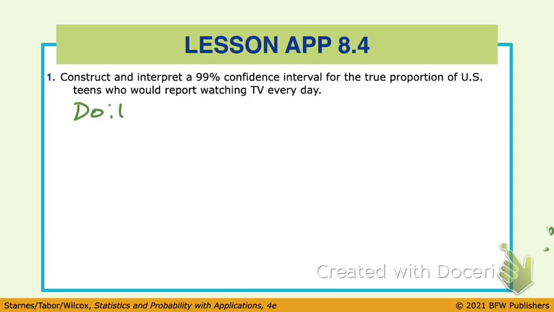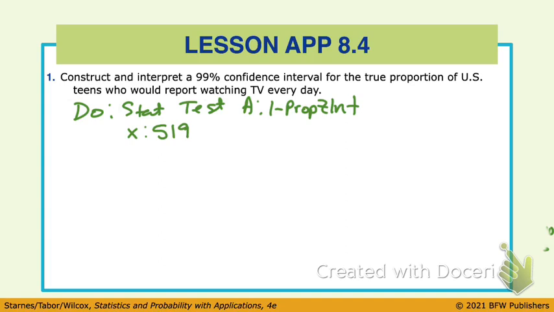All right, do. For do, we're going to use our calculator, and we're going to go to stat, test, A, which is the one prop Z interval. All right, X is our number of successes. And so we're going to use that 519, that was our number of successes in our sample that we just calculated a few moments ago. N is our sample size, and so that is going to be the 910.